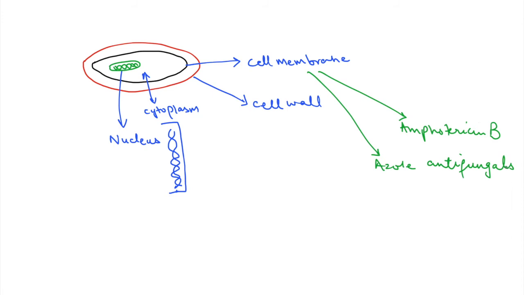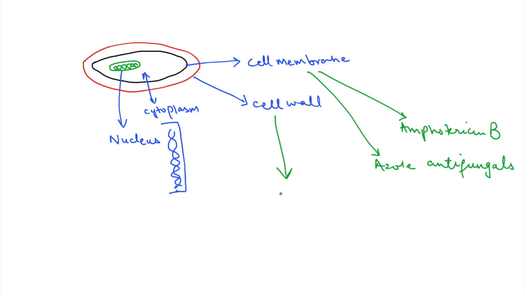The next class of drug is echinocandins, including caspofungin, micafungin, and anidulafungin. These drugs target the cell wall, which is this. So what do these echinocandins do? They inhibit the synthesis of glucan in the fungal cell wall.